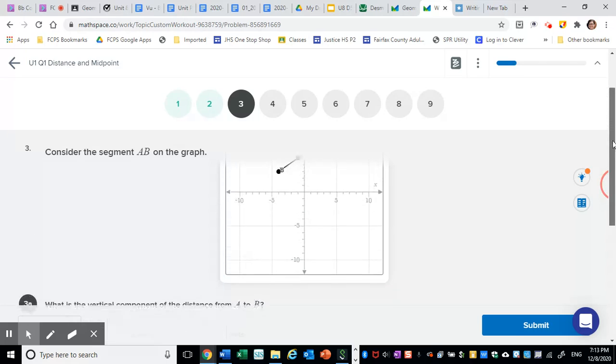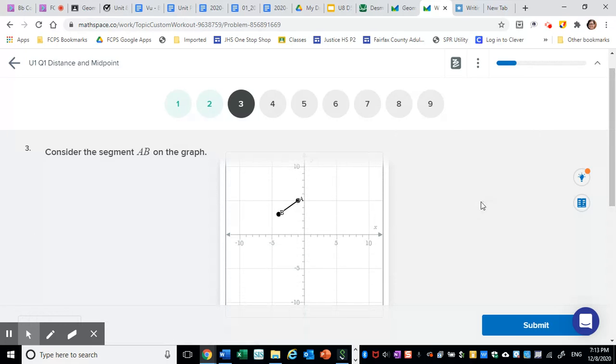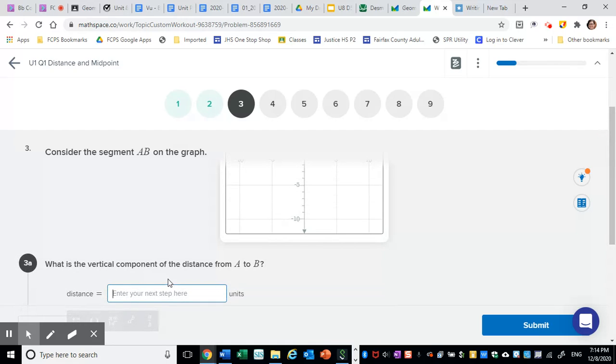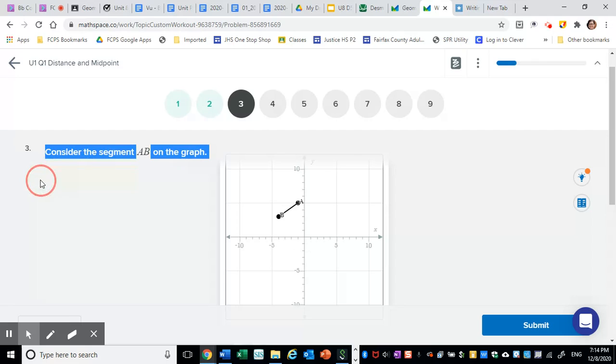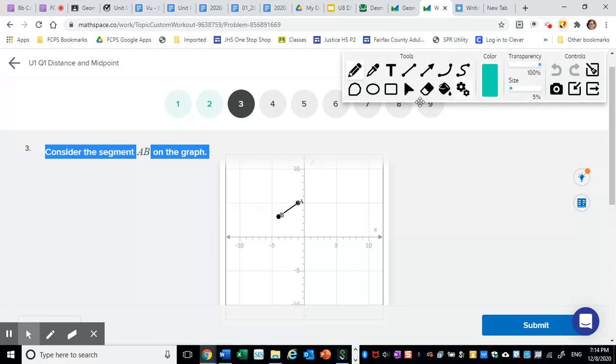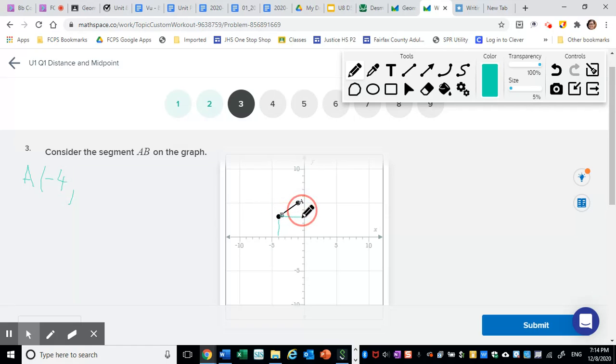Okay, question 3. Segment AB. They ask you for the distance from A to B. First you find the coordinate of A. You go down here, it is at negative 4, and Y is, look up here, 1, 2, 3.